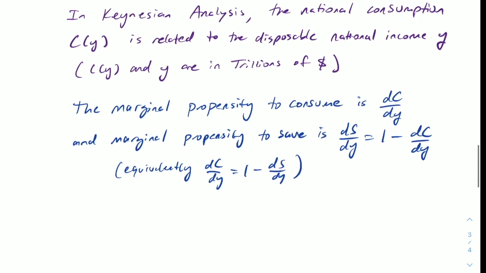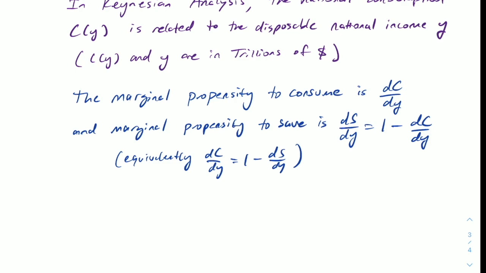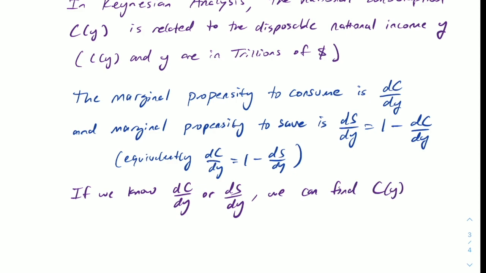All right, so if we have either of these derivatives, we can find the national consumption. If we know dC/dY or dS/dY, we can find C with an antiderivative. And let me give you an example.